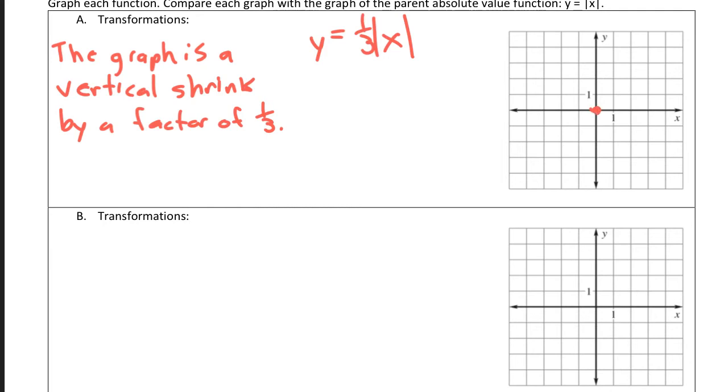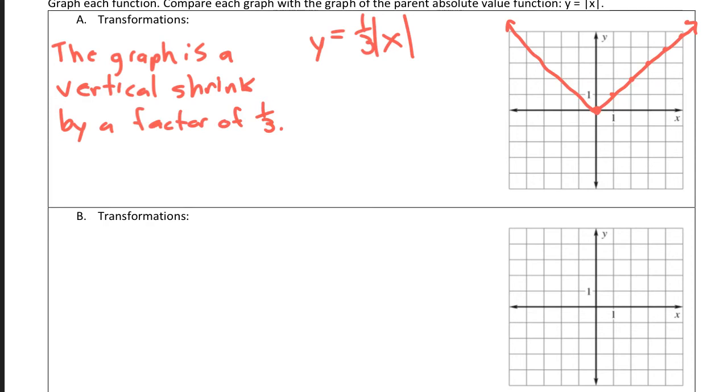Parent function has a vertex at 0, 0, and essentially you think of it as, to the right, you essentially have a line with a slope of 1, and to the left, you have just the reflection of that line. So that's what that parent function looks like. Our transformation, I am going to do in green, okay?